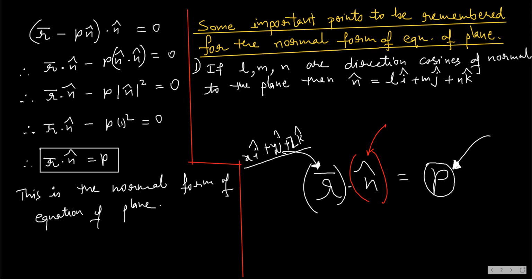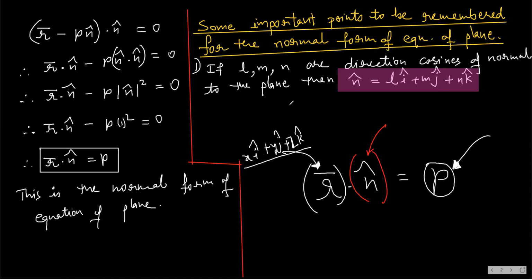This is the way you will write the unit vector. Students, if you remember, when I had introduced the concept of DCs, direction cosines of a vector, I had told you clearly, when we know DCs of a vector, we can write the unit vector in the direction of that vector.